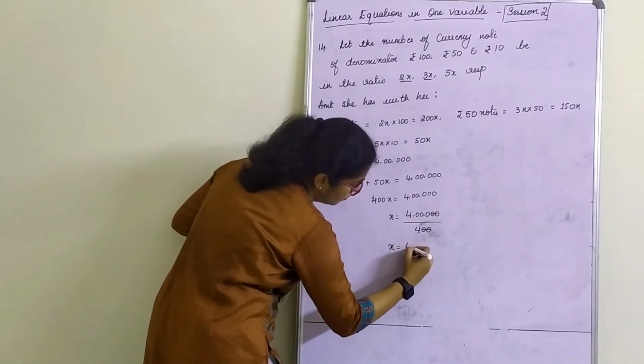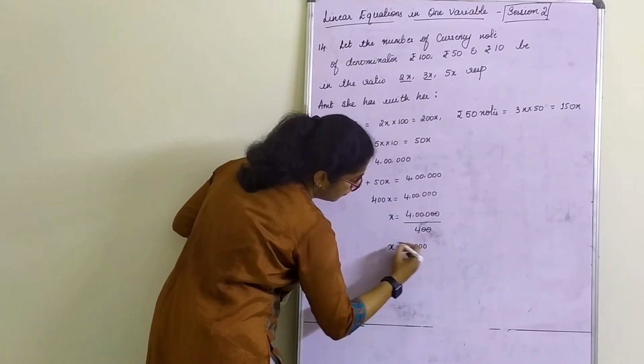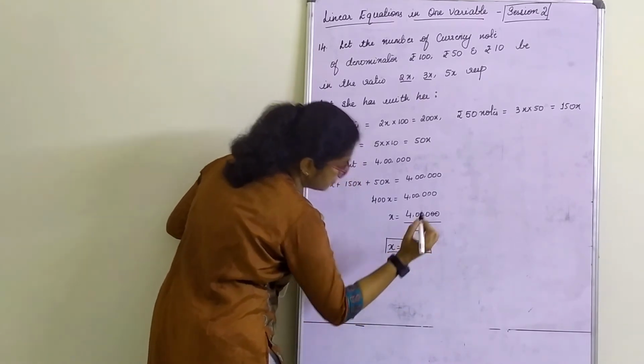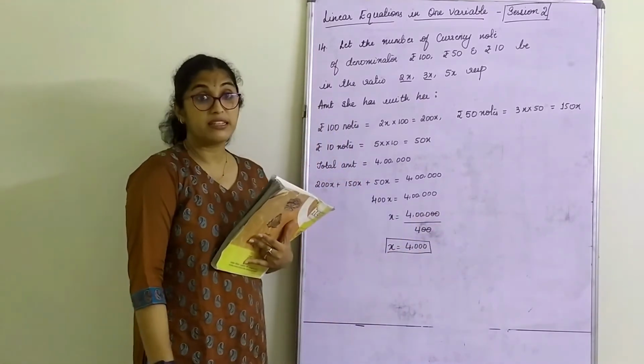So x is equal to 4000. So x, now we know.